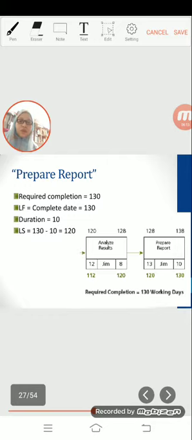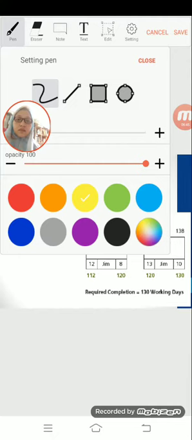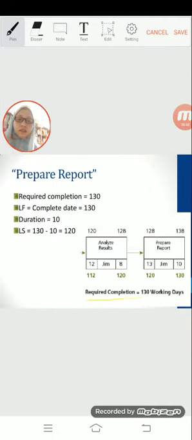Okay, so we continue with our example. Prepare report is activity number 13 in the schedule we learned just now. Now let us look at how to set up the backward calculation for the consumer market study project we just analyzed. The required completion time for the project is 130 working days.